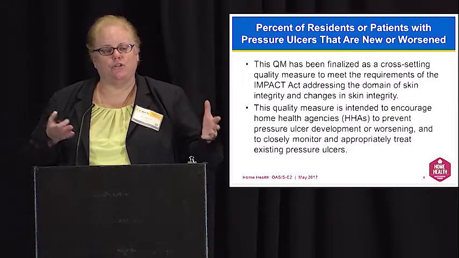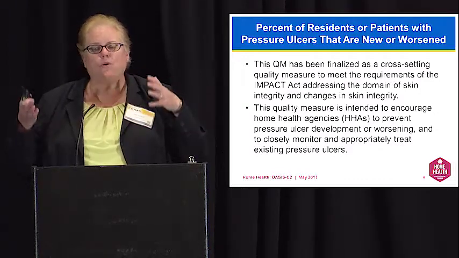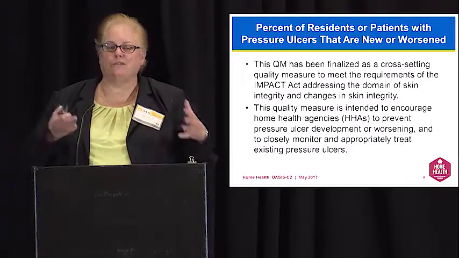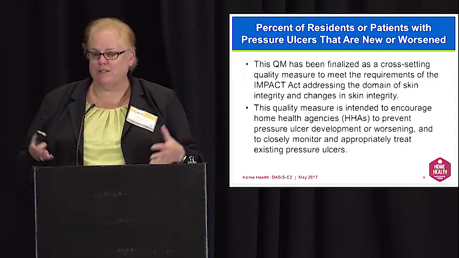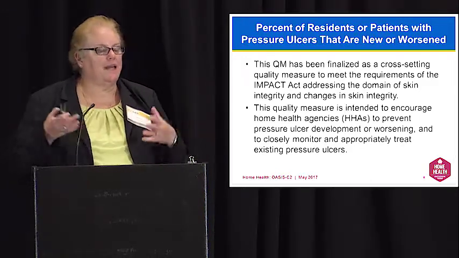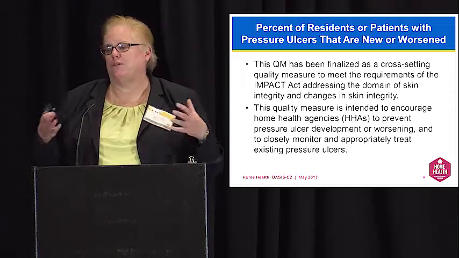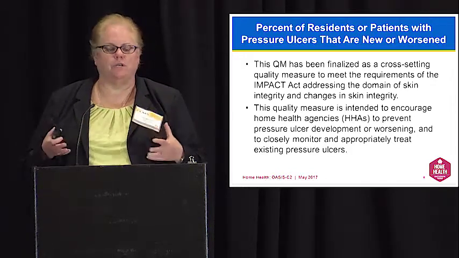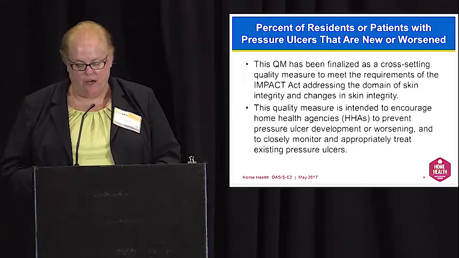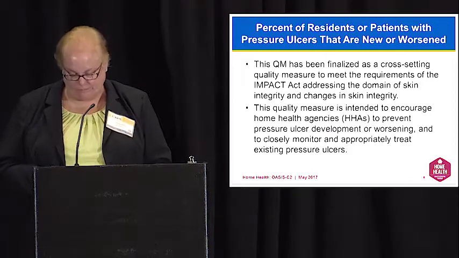If a patient or a client comes in with a pressure ulcer, does it heal, does it get worse, and in what time frame? Having these data really allows us to take an opportunity to do a deeper dive and to understand the complexity of wound care.